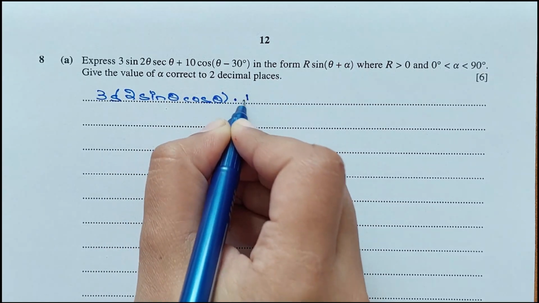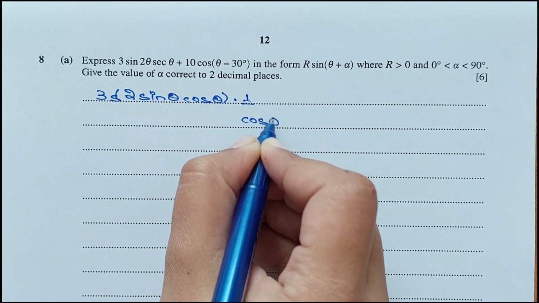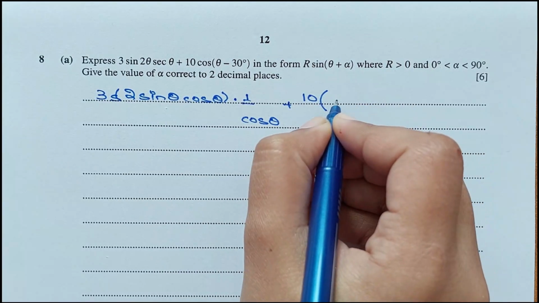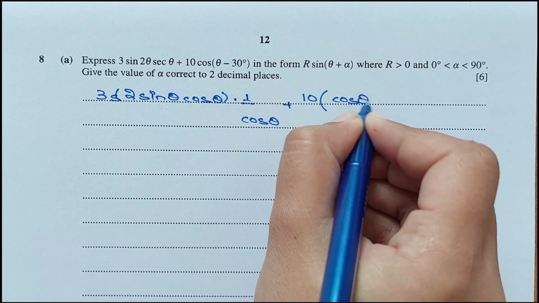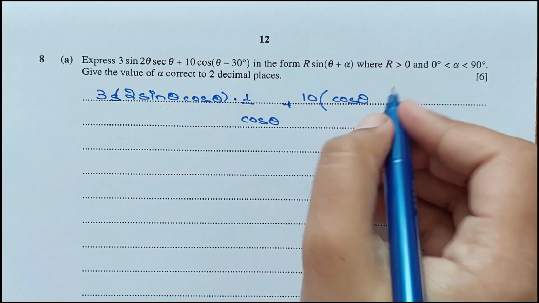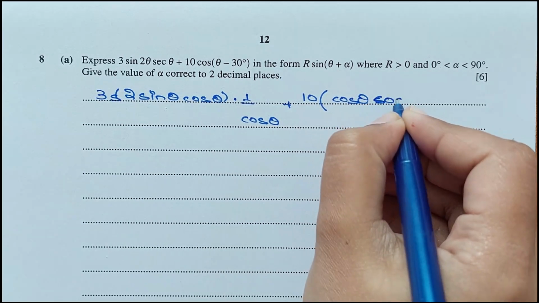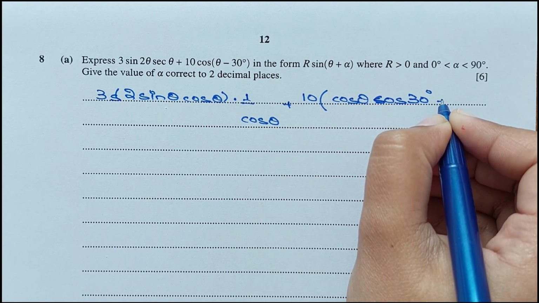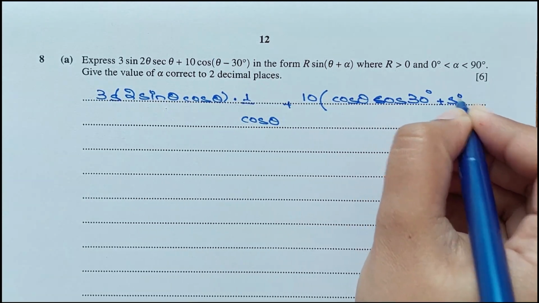Secant theta is 1 over cos theta plus 10, and cos theta minus 30 degrees is cos theta cos 30 plus sin theta sin 30.